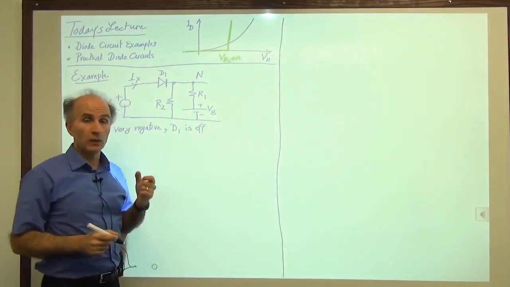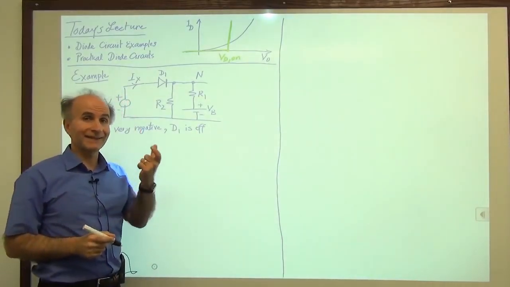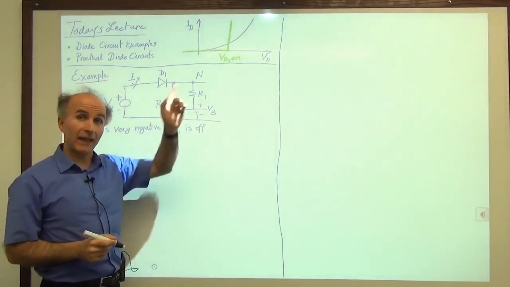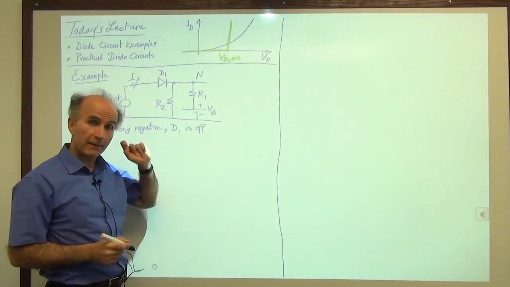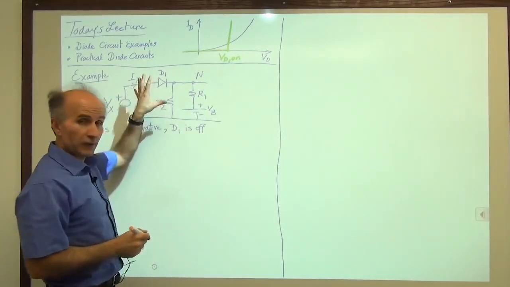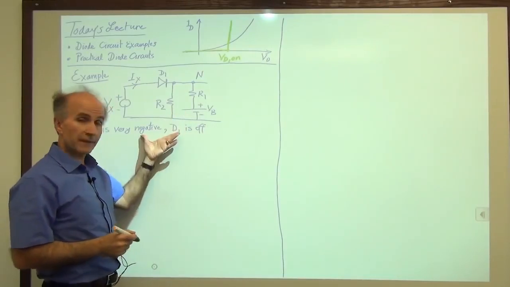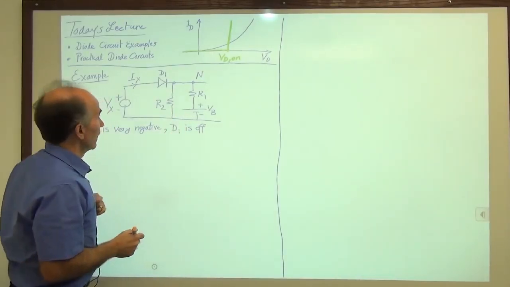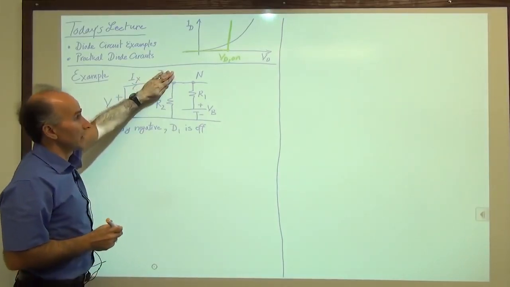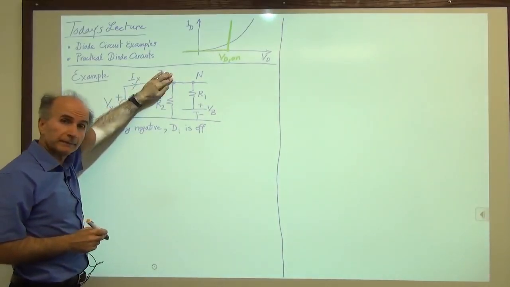So again, we make an assumption regarding the state of the diode, and we proceed. At the end, we have to come back and see if the numbers that we have found for the voltages and the currents agree with this assumption. All right. So if D1 is off, I can simplify the circuit.